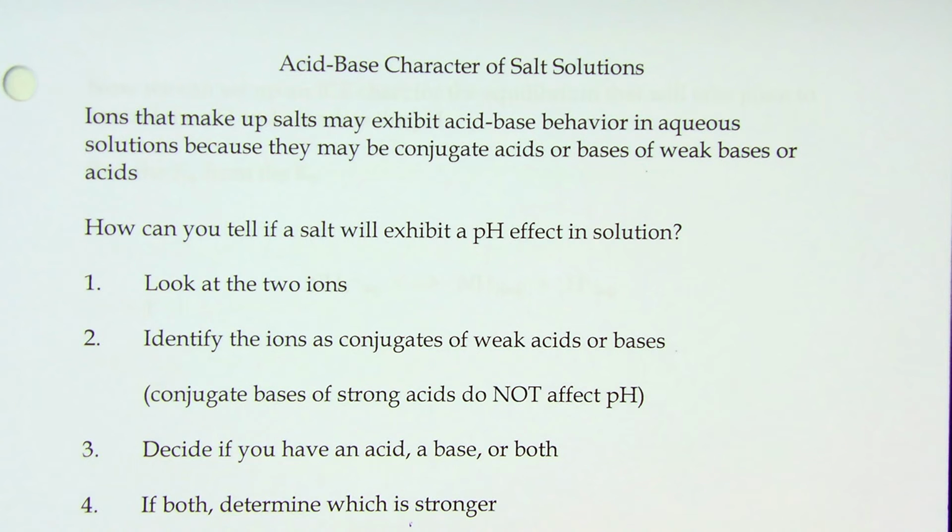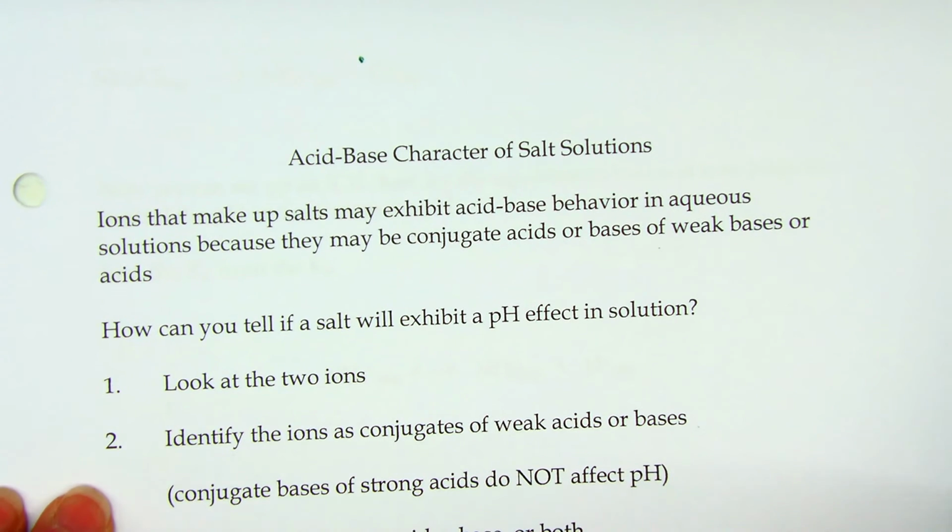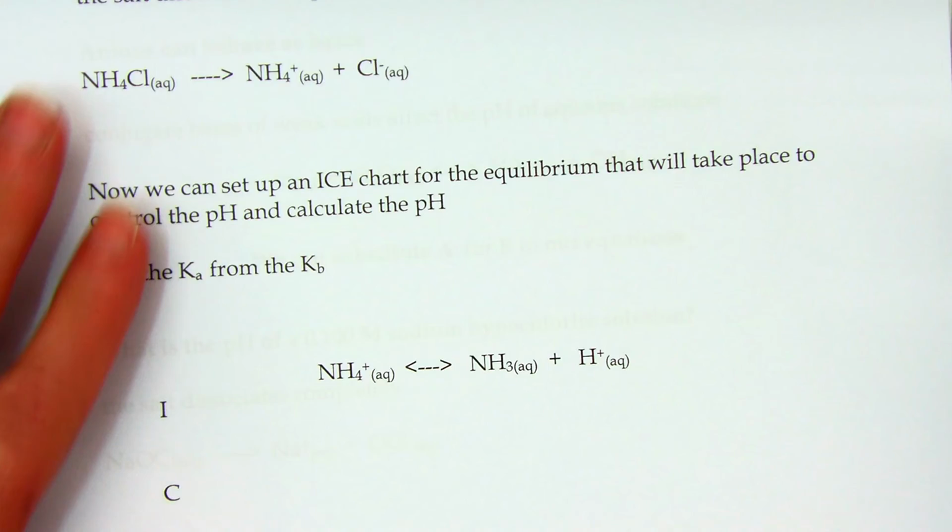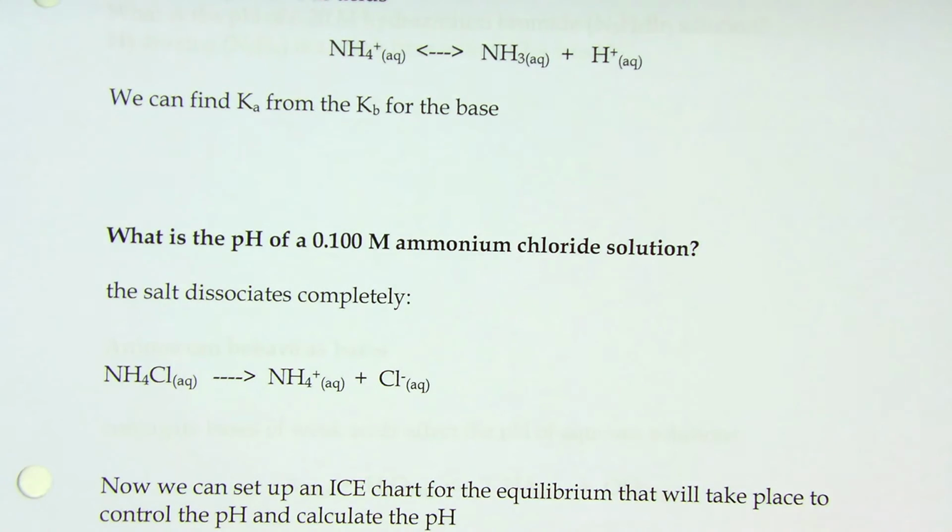If you have both, an acid and a base, then you decide which is stronger. And we kind of practiced that a little looking at the K values, and that will tell you if it'll be acidic or basic.